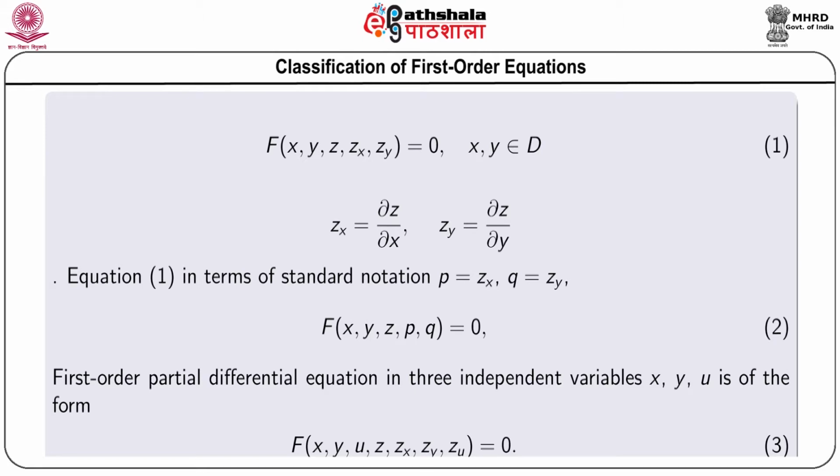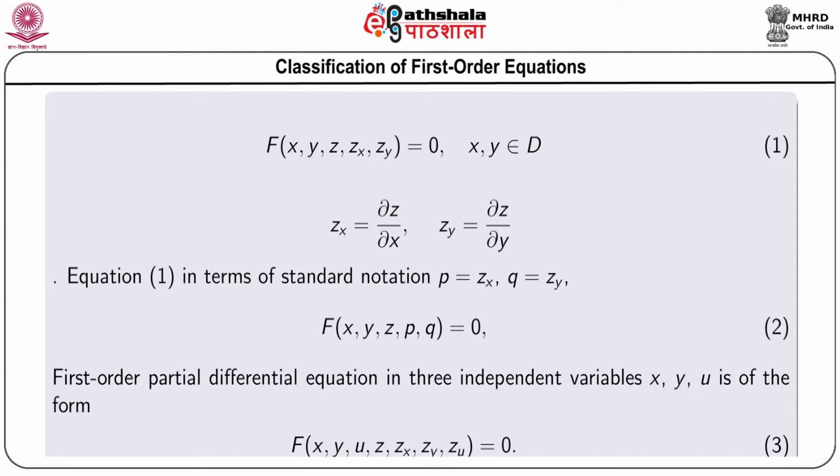The general form of a first order differential equation in two variables can be written in this form: F(x, y, z, zx, zy) equals 0, where zx is ∂z/∂x and zy is ∂z/∂y. In standard notation, zx is denoted by small p and zy is denoted by small q. So, equation 1 is written as F(x, y, z, p, q) equals 0.